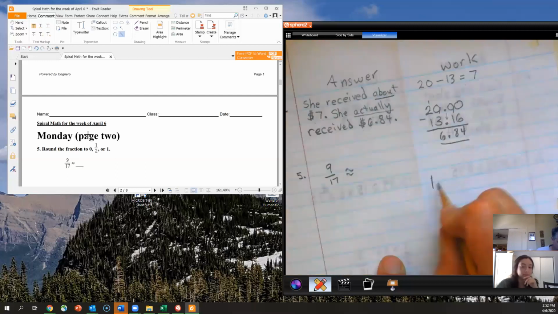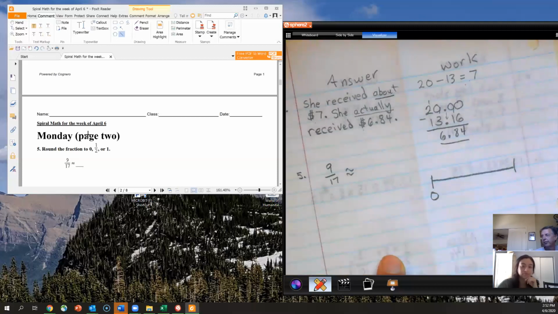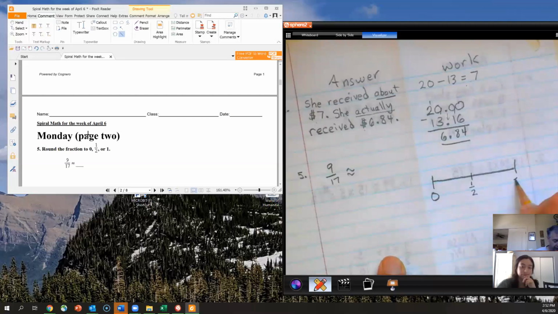So on that number line, on the very left, I wrote 0. And then in the middle, I put 1/2. And then on the far right, I put 1. And then I calculated what 1/2 of 17 is, and I got 8.5.